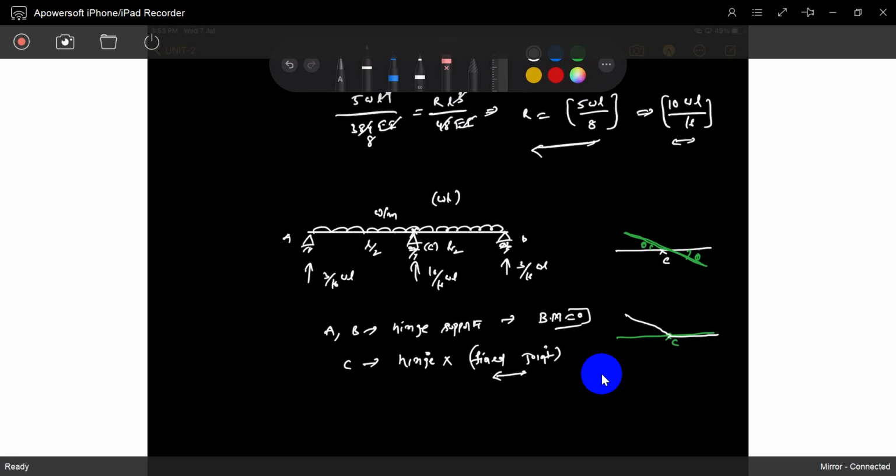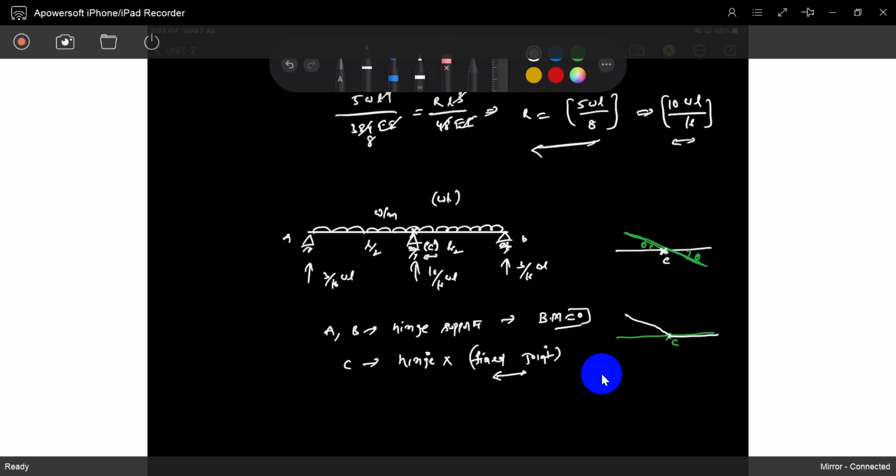But C is a fixed joint, so it will rotate with respect to the joint C, not each member on its own. So the support is a hinge support, but it behaves as a fixed joint.